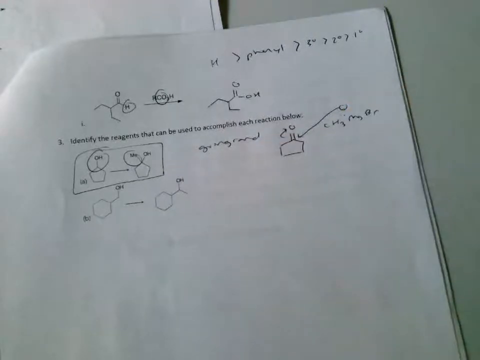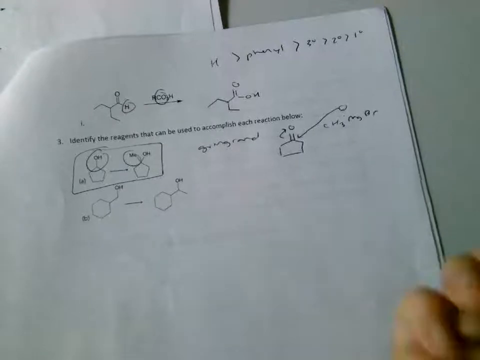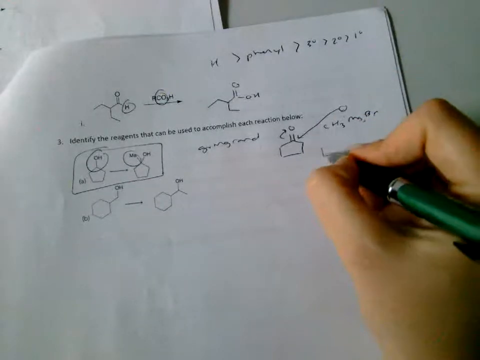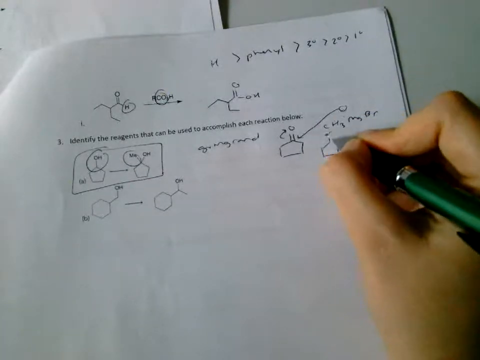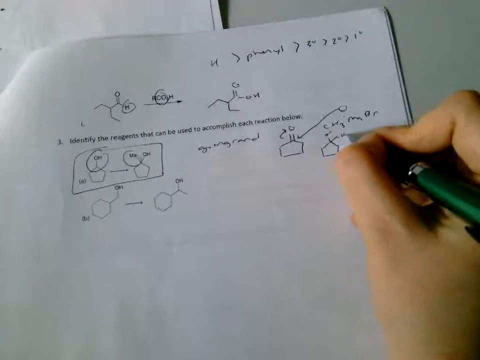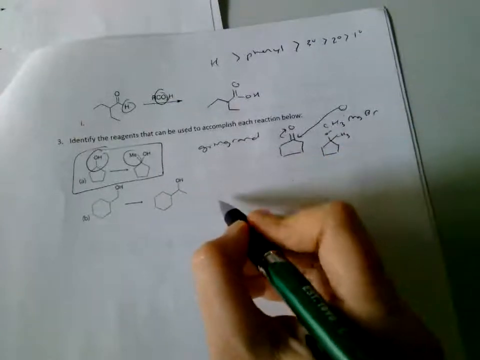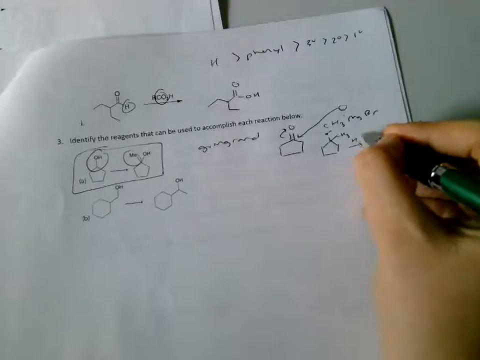And the only way you've learned to make a carbon-carbon double bond is with the Wittig reaction. But we want a carbon-carbon single bond. So that's going to be a Grignard, and that would make this O- with the CH3. So it looks like that would work, and then we need H+.